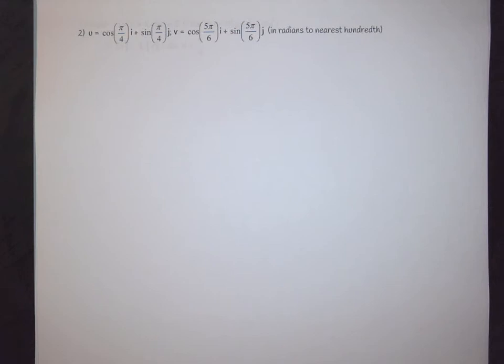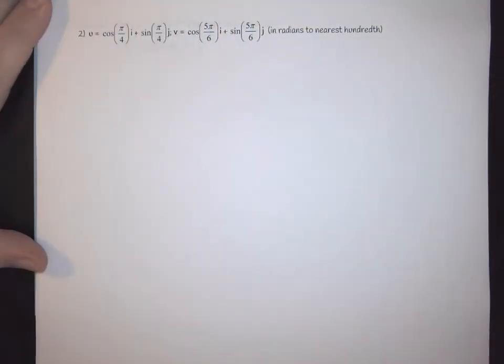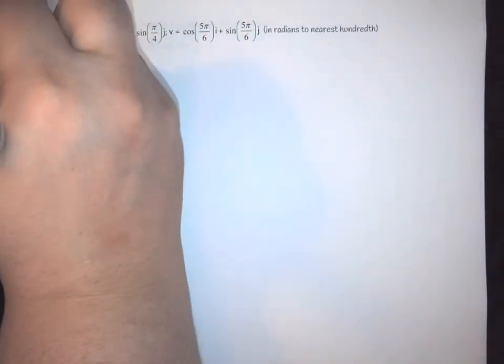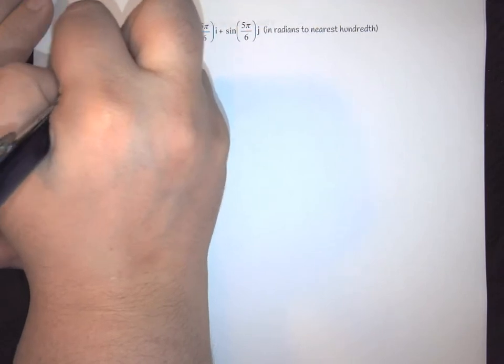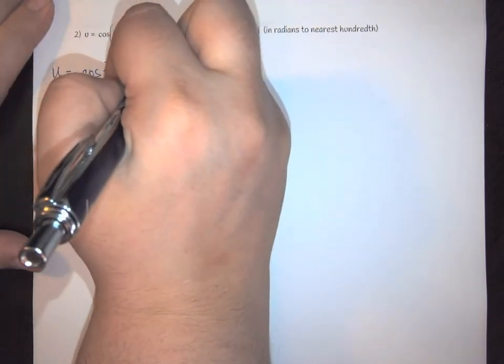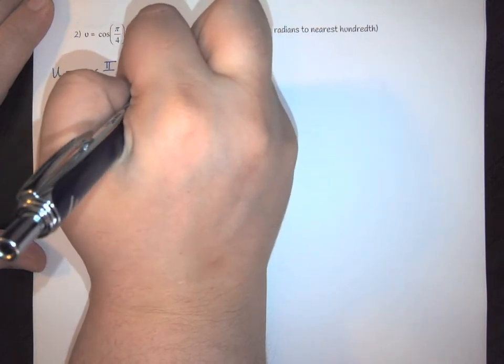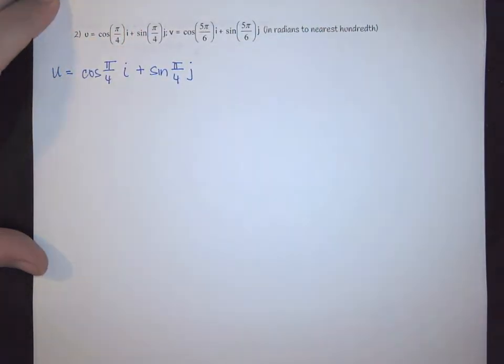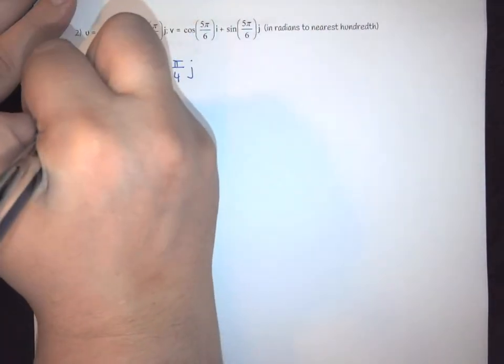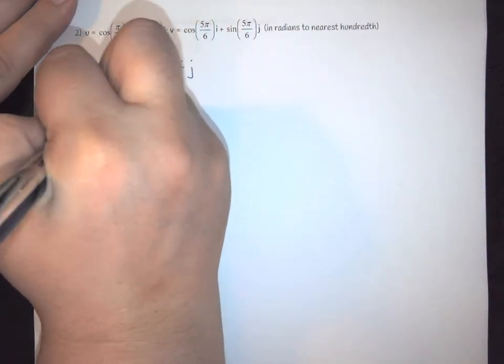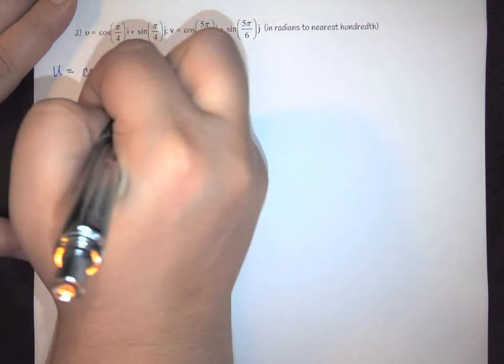First, let's look at my u. u is going to be the cosine of pi over 4 i plus the sine of pi over 4 j. When we look at the cosine of pi over 4, this is going to end up being square root of 2 over 2.